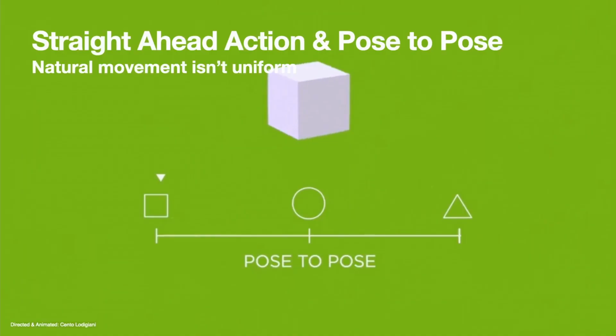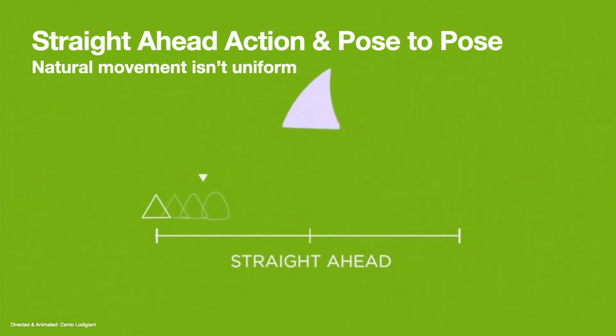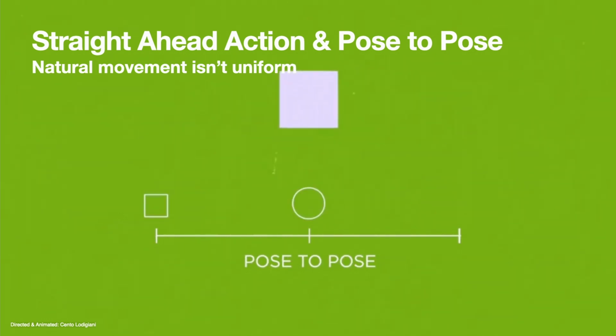Now there's one that I didn't talk about yet, and normally this one pops up a lot earlier, and that is straight ahead action and pose to pose. These are two techniques that animators used originally when they were drawing all the characters out for every single frame in the image to denote how these characters were moving through time.